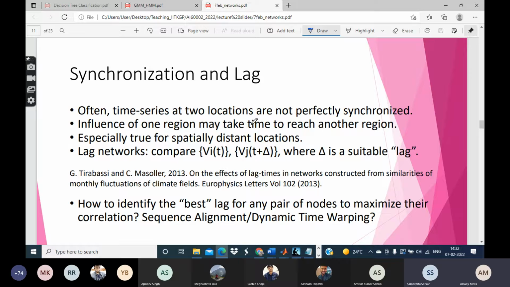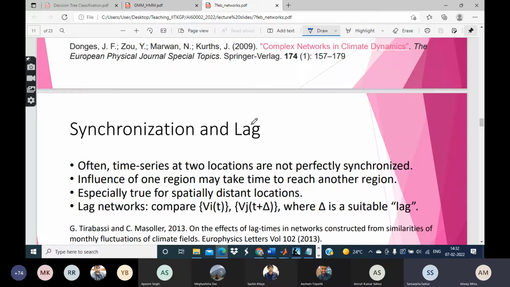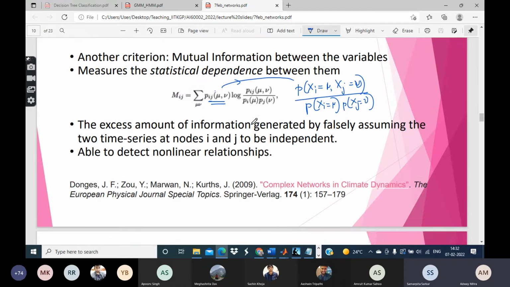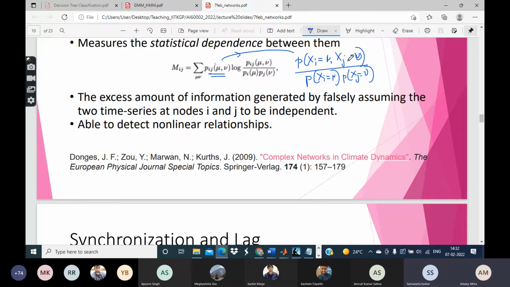So when we are considering the correlation coefficient or the mutual information, we cannot consider instantaneous values. The time has not been written here, but the assumption is that at any given time, both of them have these values. This was the assumption on the basis of which the mutual information was calculated.